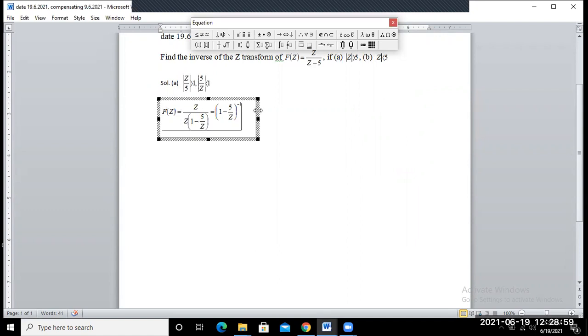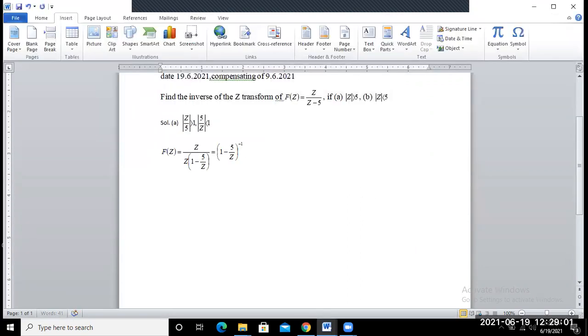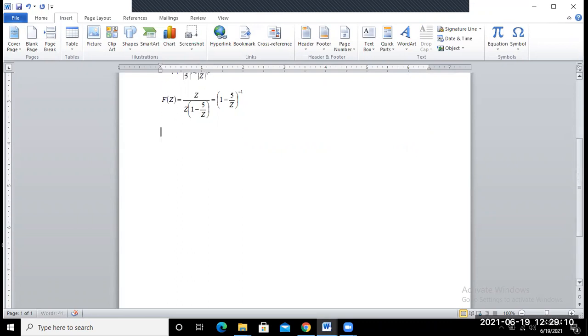F(z) equal to 1 minus 5 by z, whole to the power minus 1, is in the form 1 minus r to the power minus 1, where r is less than 1. That means in place of r we have 5 by z.